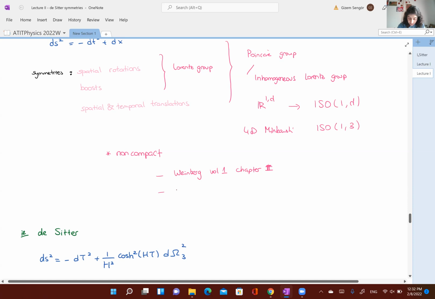And if you want a slightly different view, there's something shorter to read, although to be able to read something shorter means you have to have thought about it a bit before. There are lecture notes by Javier and Boulanger. This one is 4-dimensional, and this is more general-dimensional Poincare representations.